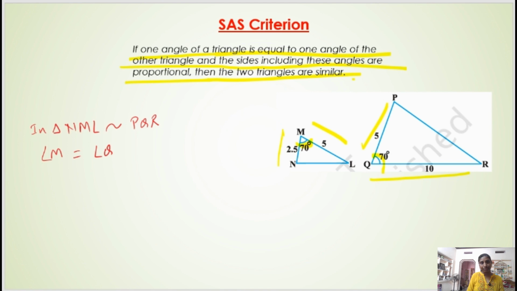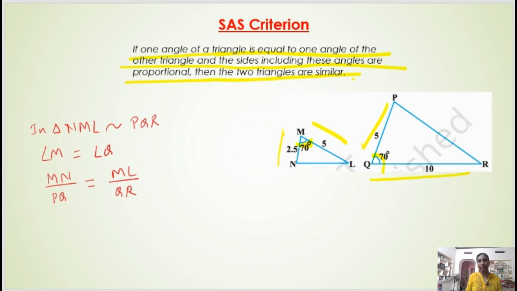Now MN by PQ is equal to ML by QR. Why? Because both are equal.